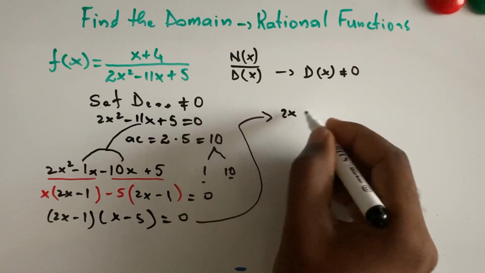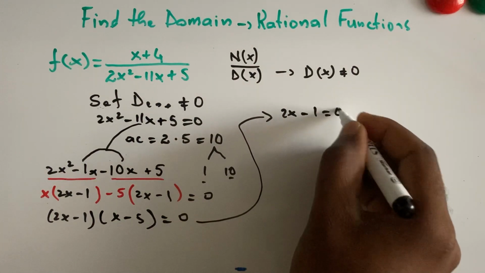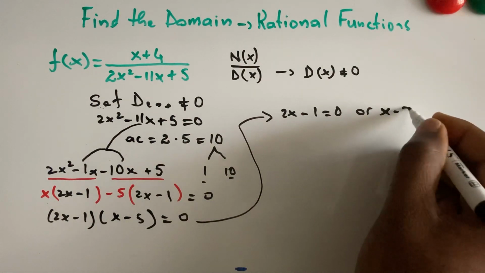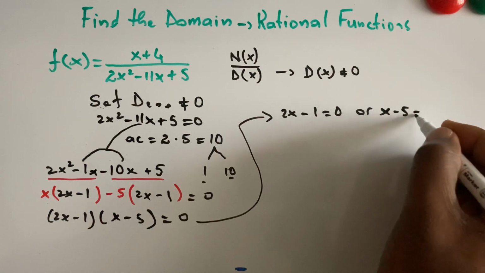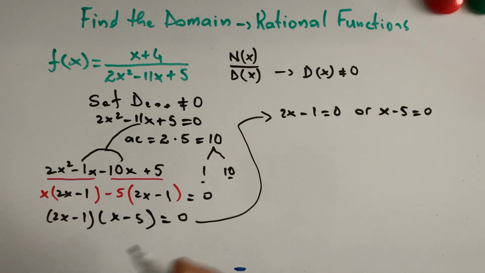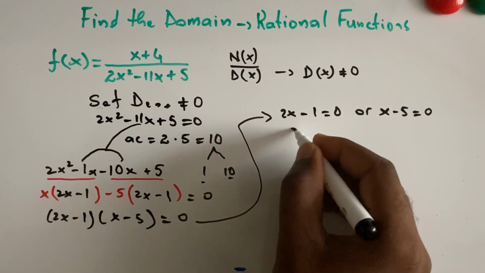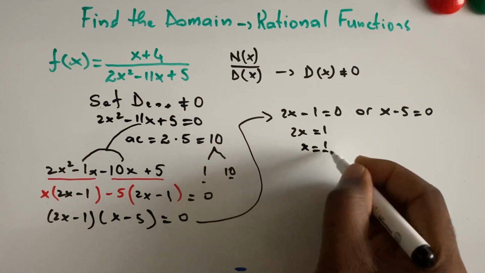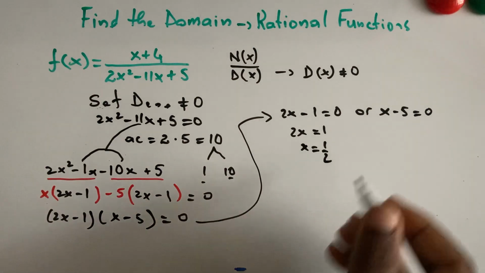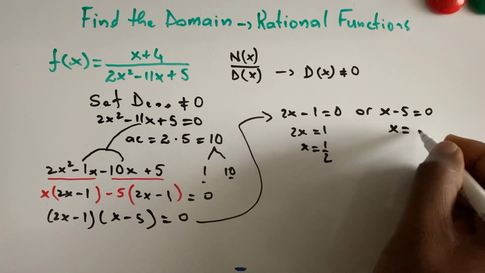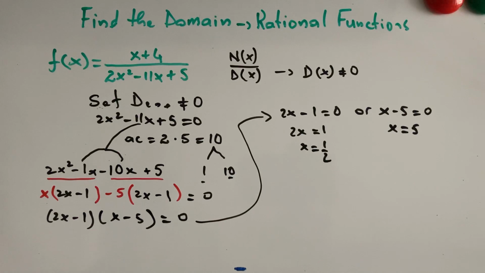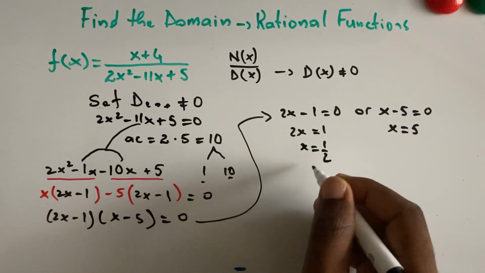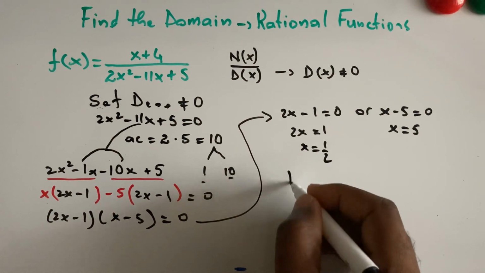So 2x minus 1 equals 0, or the other factor, x minus 5 equals 0, one or the other, right? Then you solve them separately. Here, 2x equals 1, then x will be one half because you divide both sides by 2. In this case, x is just 5, since you add 5 to both sides. So you have these two values. These are the values you will reject, the restricted values, right?